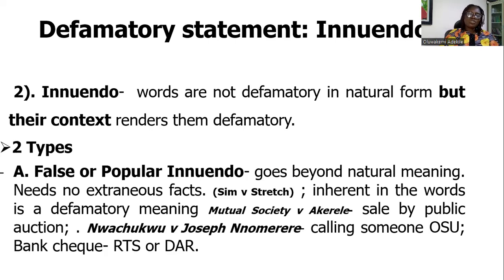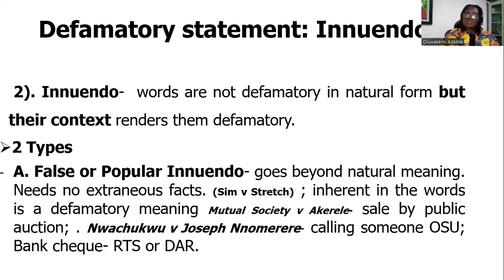In its natural meaning, you may not see a defamatory element, but you need some facts attached to the words that would make you understand that these words have an inherent, technical meaning, and those who know of those inherent meanings understand their defamatory connotation.